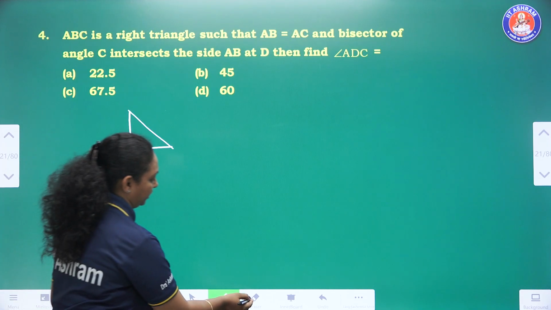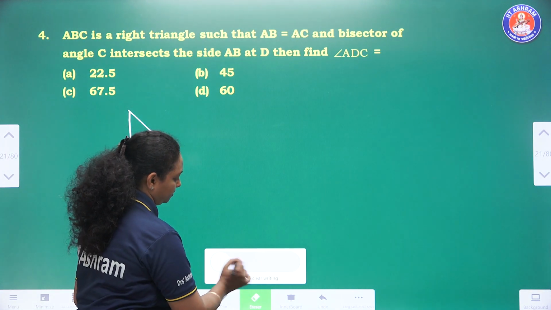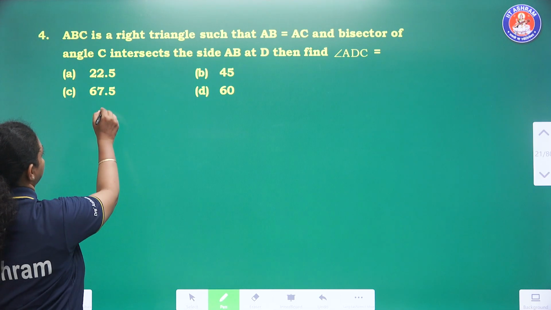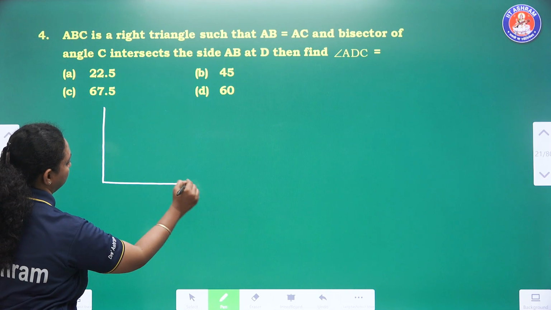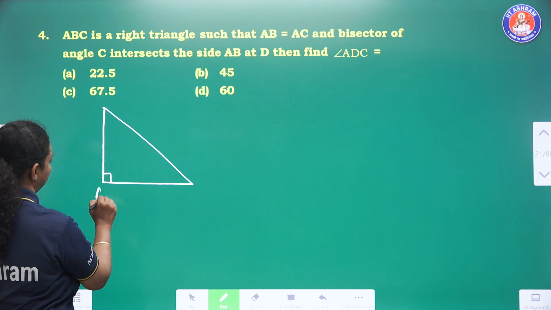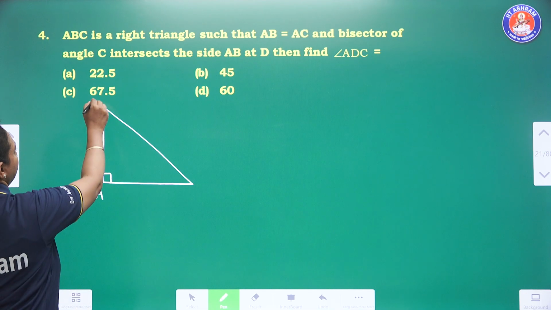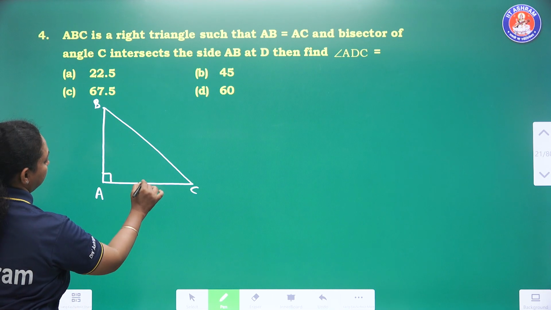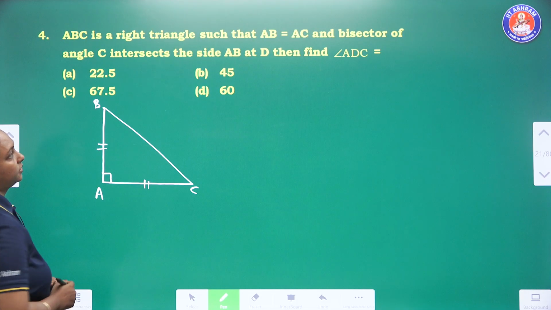First of all we draw the diagram. AB and AC, these two sides are equal in length.